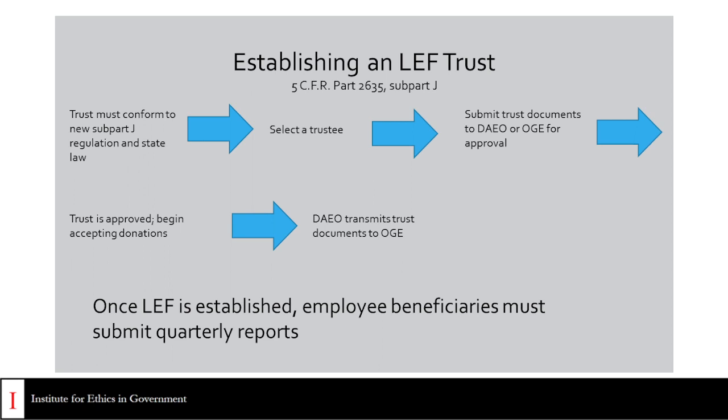In certain limited cases involving anonymous whistleblowers and DAOs, such employees will submit their trust documents to OGE for approval. If the trust and the trustee satisfy the requirements of the regulation, the LEF trust must be approved. At this point, the trust may begin to accept contributions for those covered legal matters.